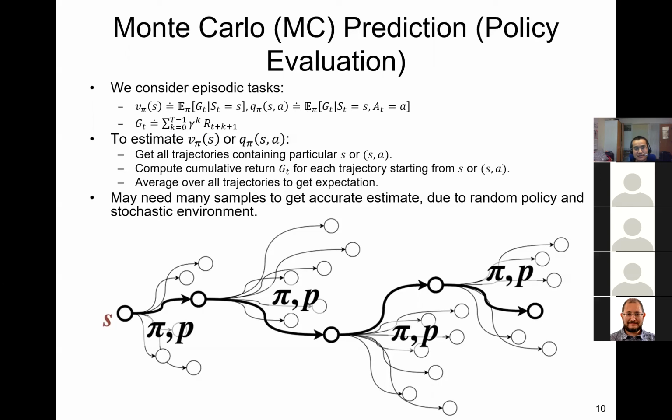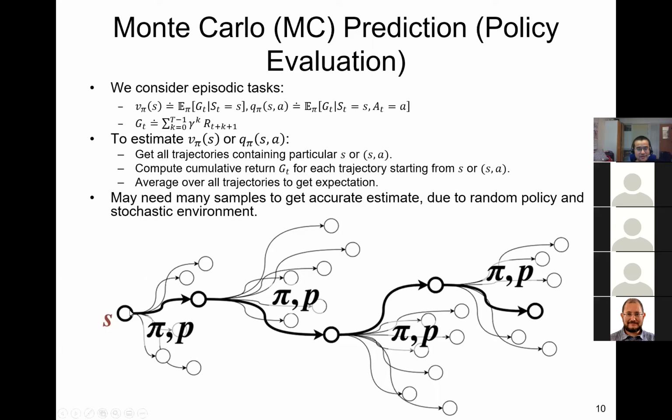To estimate V pi S or Q pi SA, you can get all trajectories containing particular S or SA and compute the cumulative return for each trajectory starting from S or SA and average over all trajectories to get expectation.